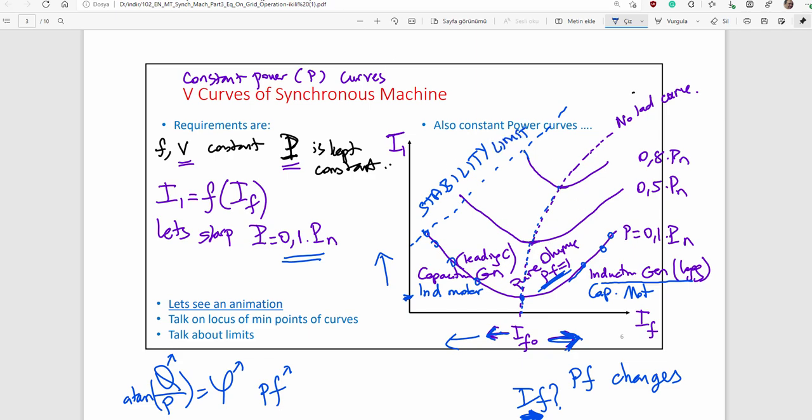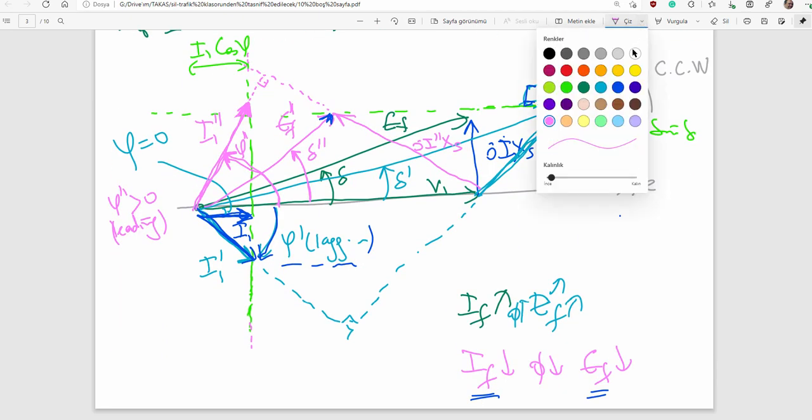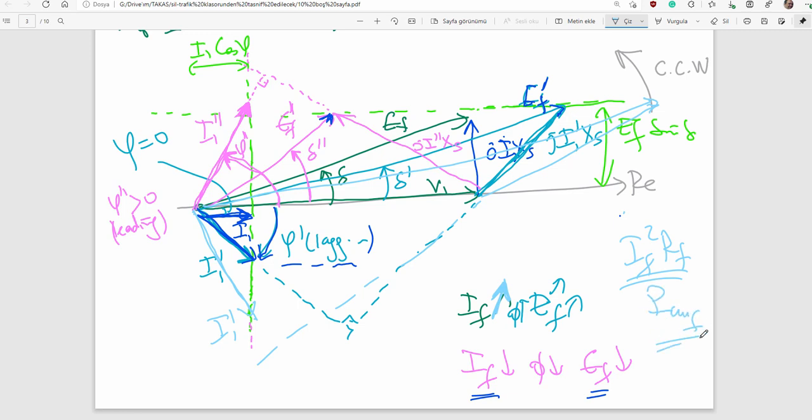And then when you apply over excitation, here you see there is a current. Here's the current, but to make over excitation you have increased field current, so IF squared times RF causes some copper losses in the field coil.